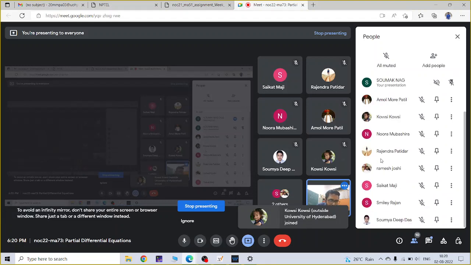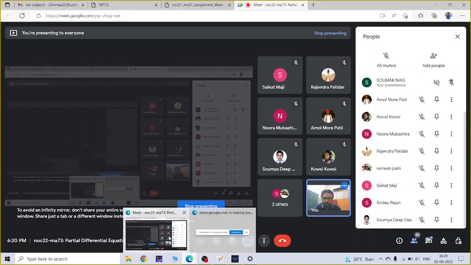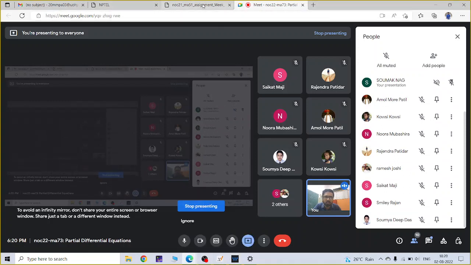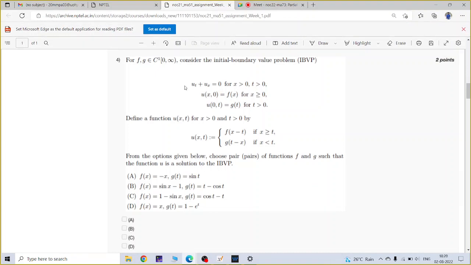Okay. So my question, I will show the question to the guys who joined last. f and g are two functions, and there is an initial value problem, that is u_t plus u_x equal to 0, and here the boundary condition is u(0,t) equal to g(t), and this is the initial condition u(x,0) equal to f(x).